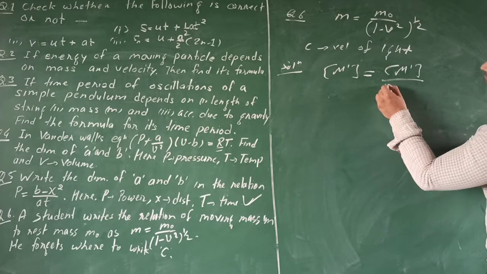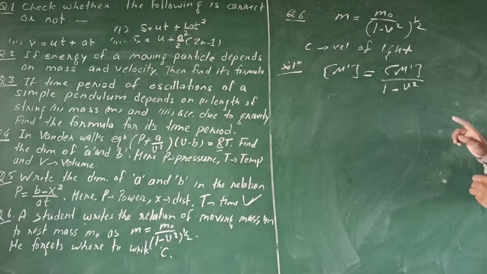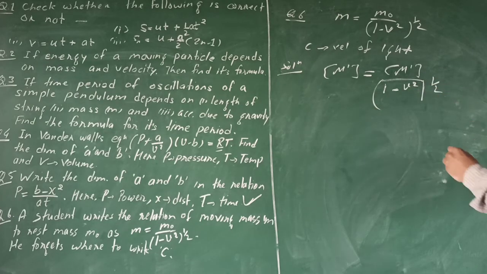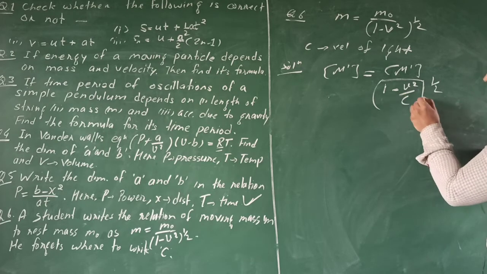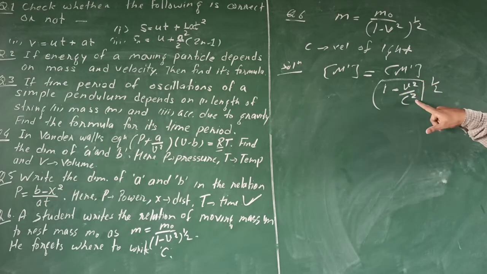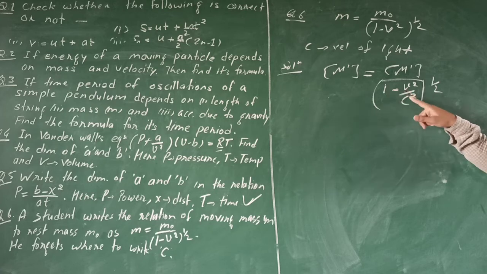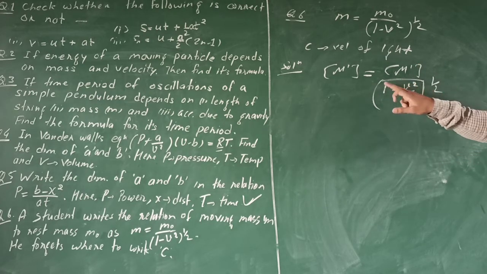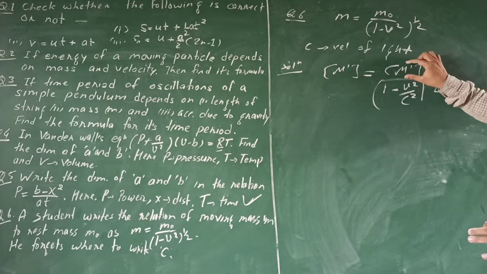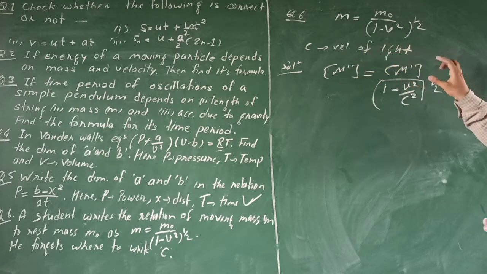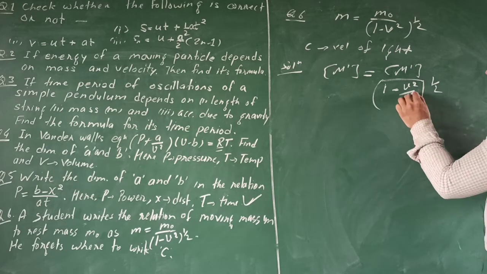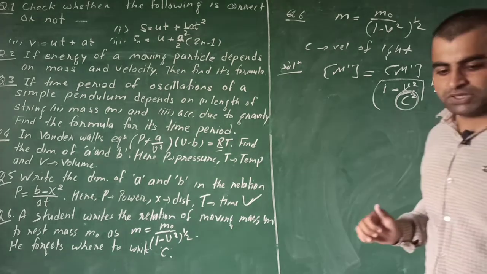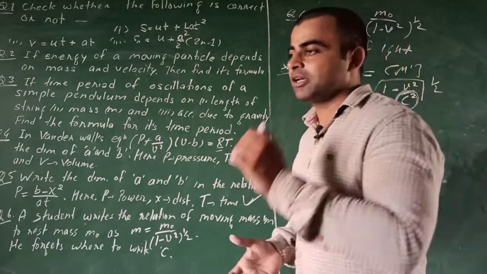How can 1 minus V square be dimensionless? If we divide V square by c square, velocity by velocity gives nothing, and 1 minus 1 is nothing, so it will be the same. So C will be written here. Is it clear? If yes, then write in the comment box.